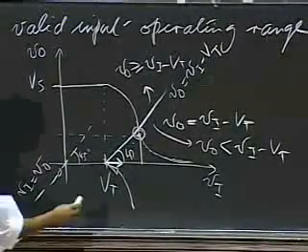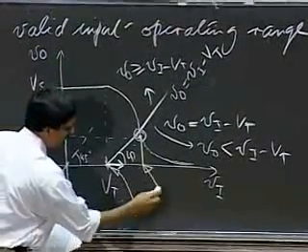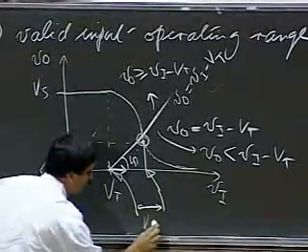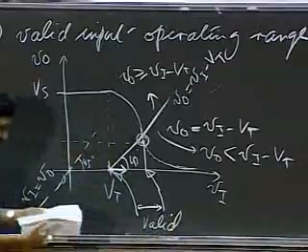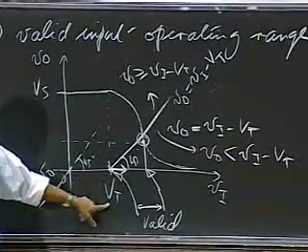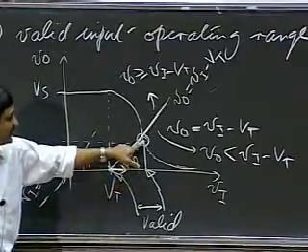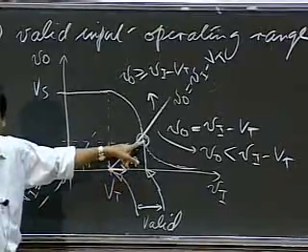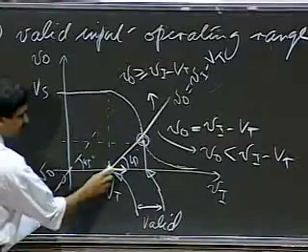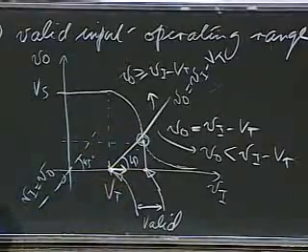So if you look at this graph here, this is the valid input operating range. Okay, starting at this point, greater than Vt. And at this point, my output equals V naught equals Vi minus Vt. This must be the valid operating range for the input, here to here.